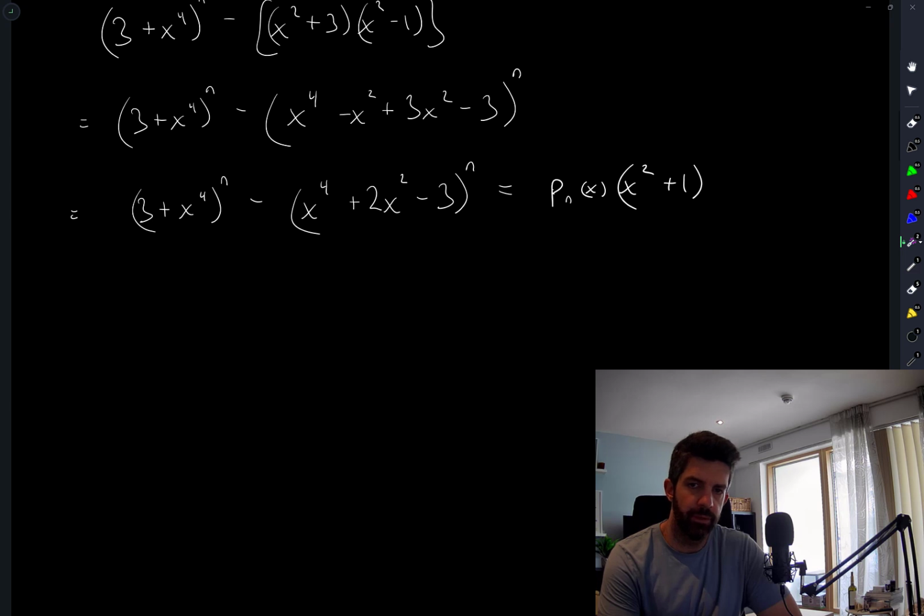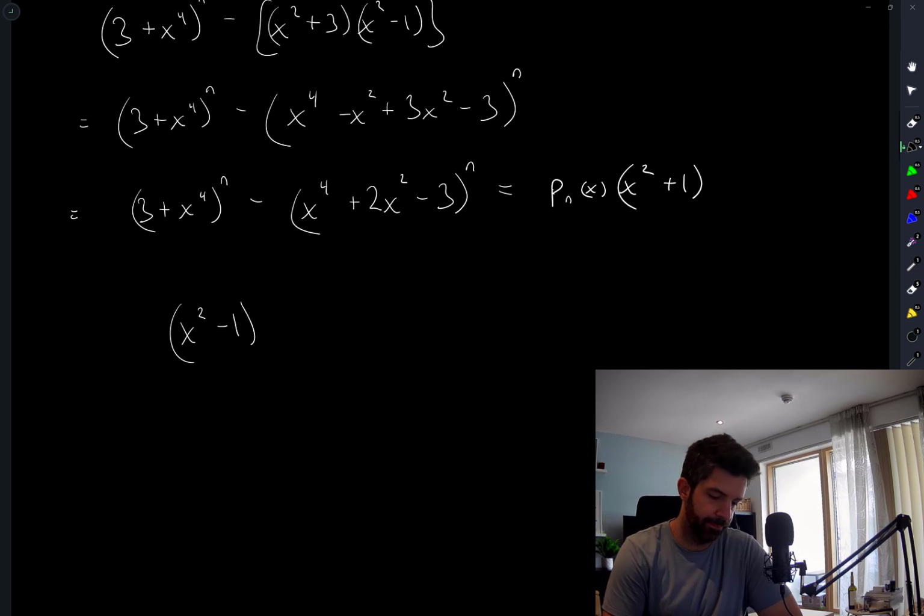Okay, here's what maybe is the key. x squared minus 1 is equal to x minus 1 times x plus 1. And so if I raise this to the n, we just get that. Yeah, I don't think this helps either.